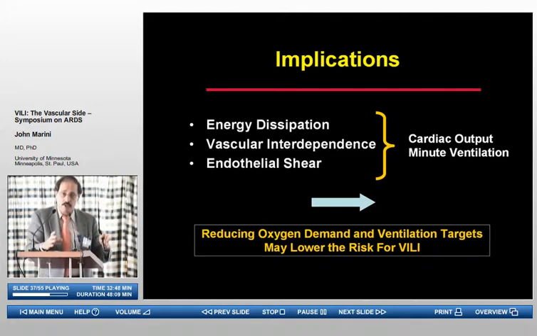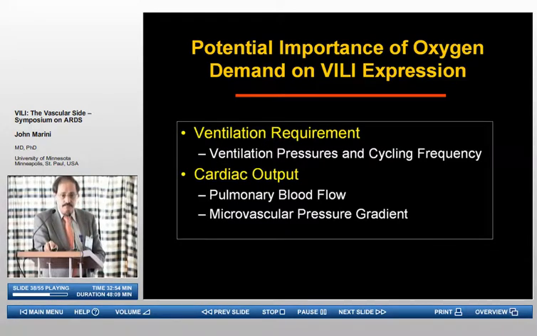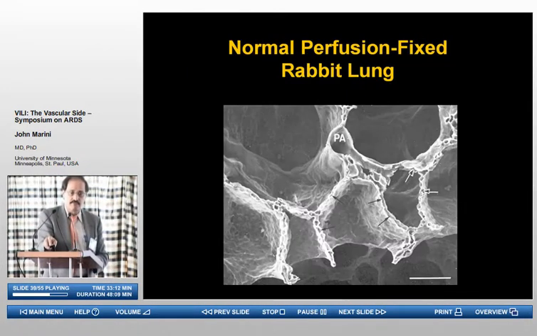We're using high pressures because of ventilation requirements, and we are probably precipitating ventilator-induced lung injury. Ventilation pressures and cycling frequency would be reduced by lowering the ventilation requirement, and cardiac output reduction, of course, would reduce the microvascular pressure gradient because it reduces blood flow.